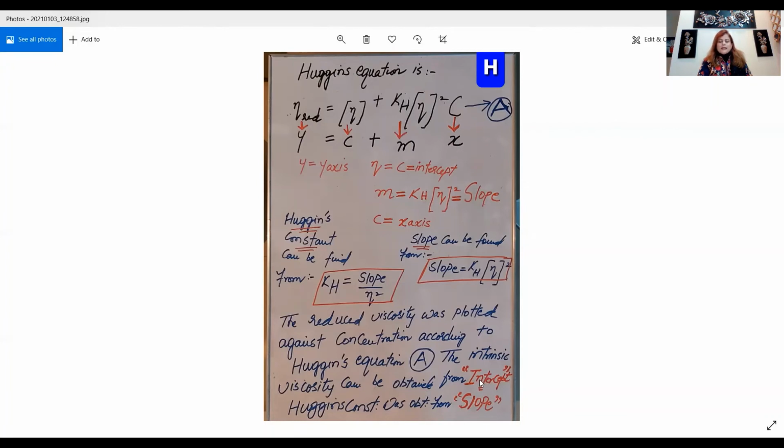When you plot a graph between the two axes, the y and x axis, and you get a straight line, the point at which that straight line cuts the y-axis is called the intercept, right? From that value, we can calculate the intrinsic viscosity. The Huggins constant was obtained from the slope of that line.